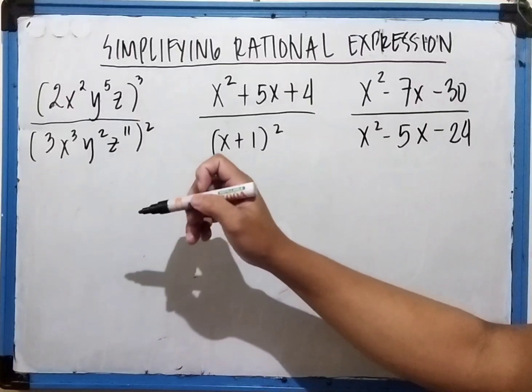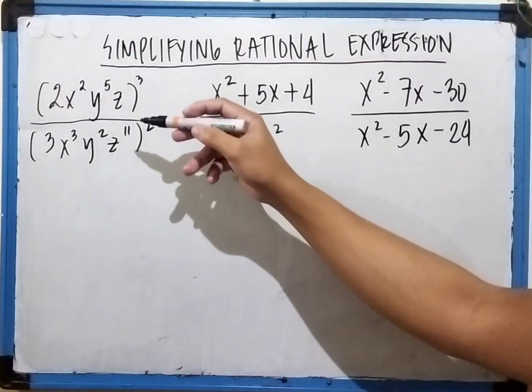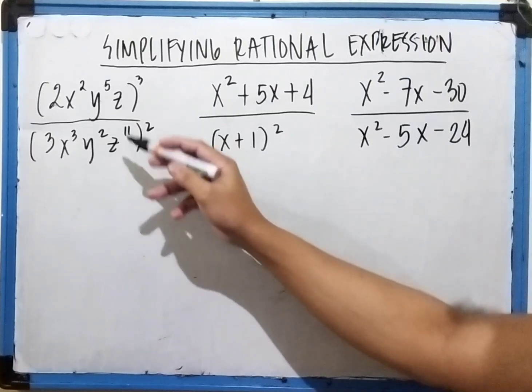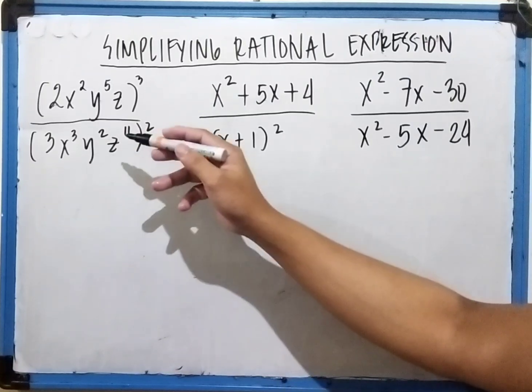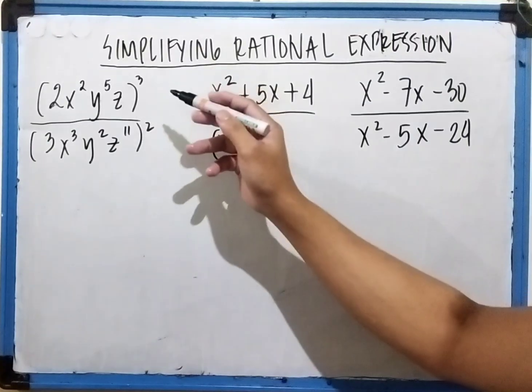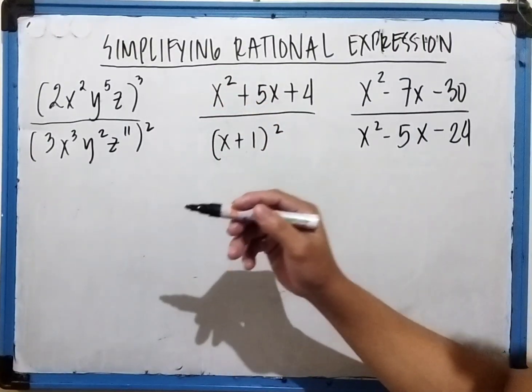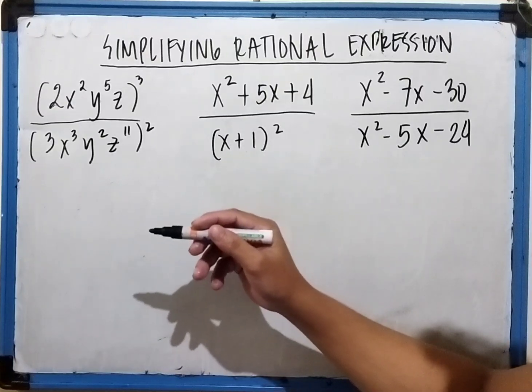Sa pag-simplify ng rational expression, we are going to express our final answer into its simplest form. Okay? Kapag medyo may exponent, ang gagawin natin is to eliminate them as much as possible in the lowest possible number.